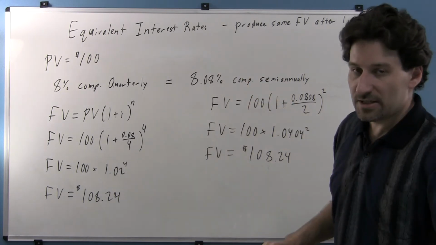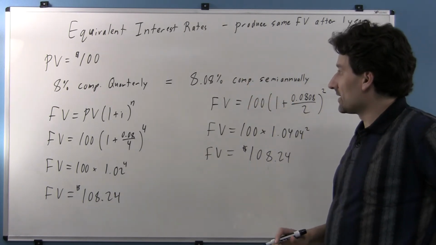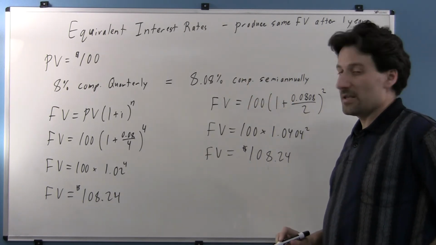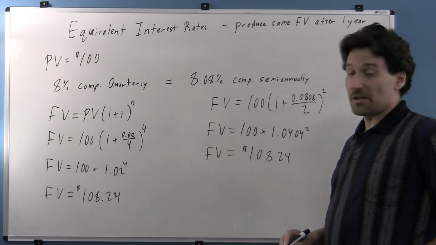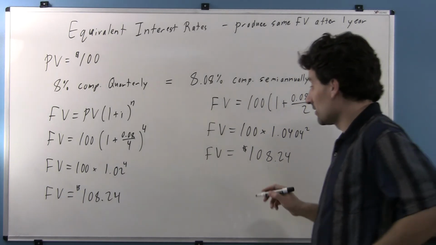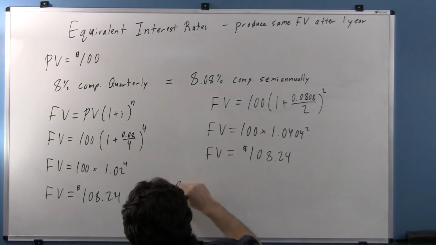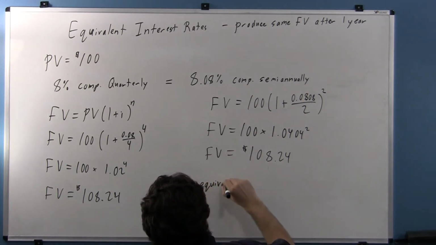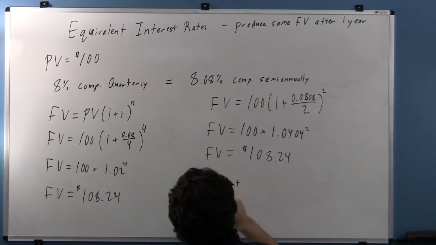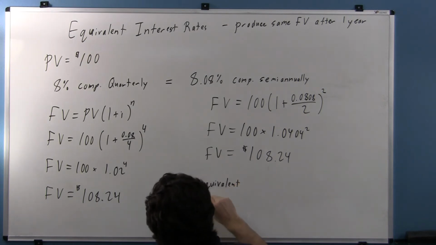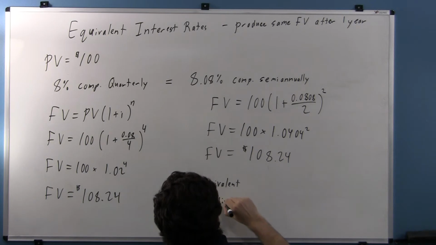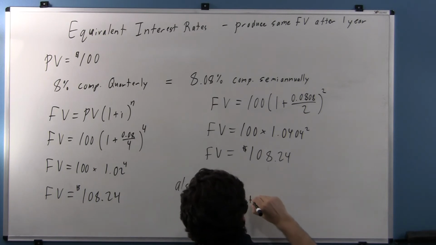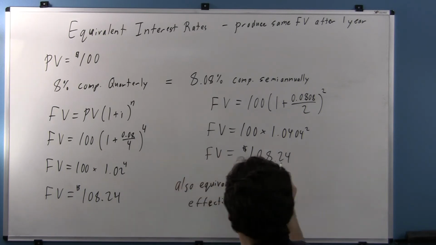So these two are equivalent, and the effective rate is also equivalent. Just to state, also equivalent is the effective rate, which you know how to calculate, but we've actually already calculated it.